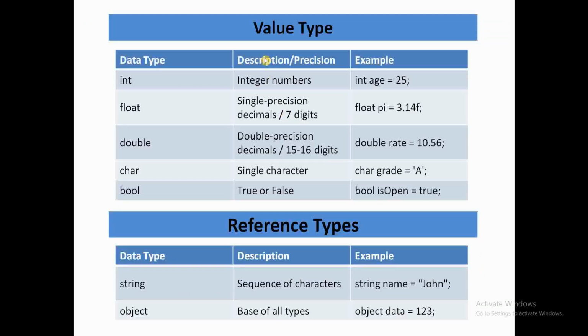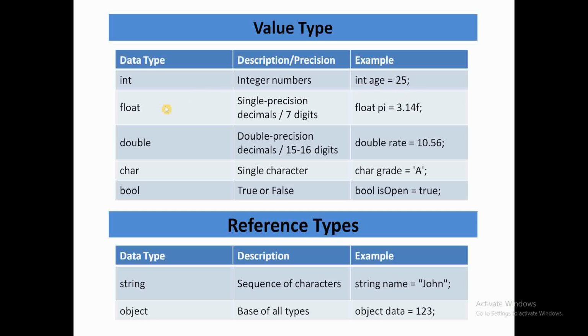Next we have value types and reference types. Value types are these: data types, description, precision. Example, data type is integer, numbers. If we want to put some integer value into this, this is the example.